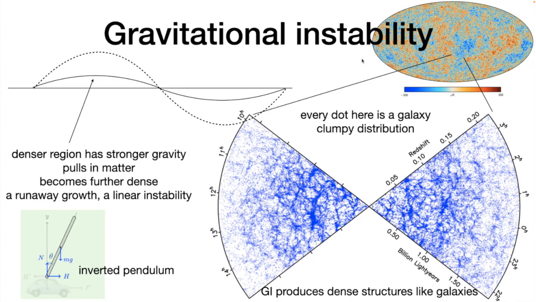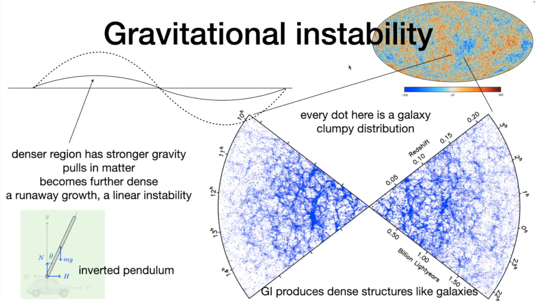Right? If you imagine a uniformly spread matter, and if you accumulate matter somewhere, make it overdense at some region, its local gravity is stronger than its neighbors, so it pulls more matter, becomes more gravitating, and so on.